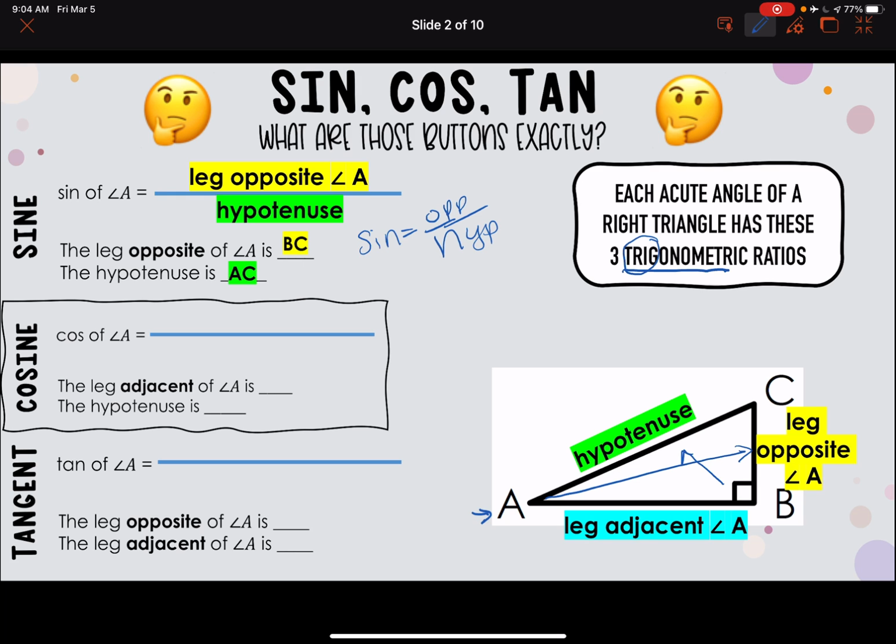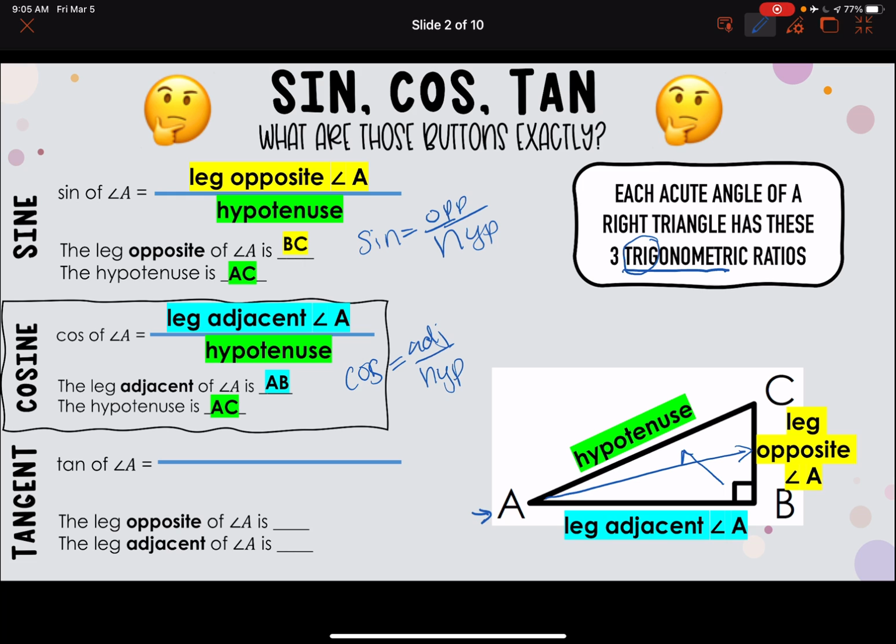for any acute angle. The cosine of angle A is going to be the leg adjacent angle A over the hypotenuse. So in this case, we're going to be AB over AC. And for anything, your cosine is going to be your adjacent leg over the hypotenuse.